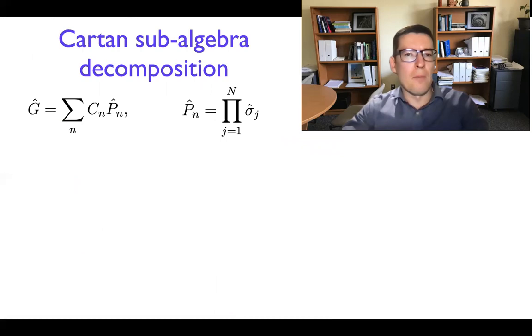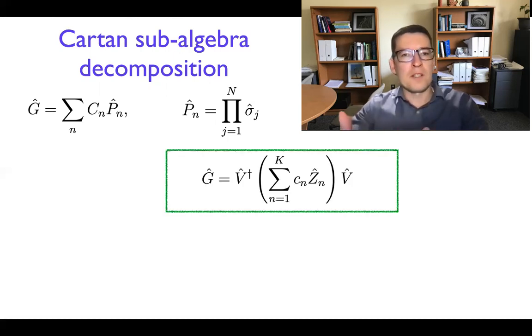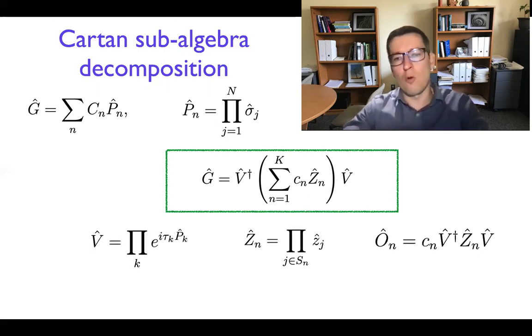We actually have an approach which is called Cartan subalgebra decomposition for the qubit case. The way it works is that if your generator is generally a linear combination of Pauli products, which are just multi-qubit operators, where the sigmas here are Pauli matrices for individual qubits, right? Then this Cartan subalgebra decomposition represents the Hamiltonian, the generator, as an expression conjugated with a unitary, V dagger V, which is a linear combination of products of Z operators, right?